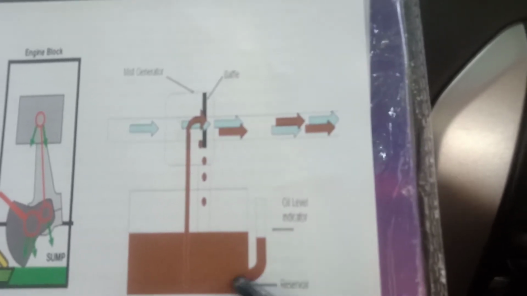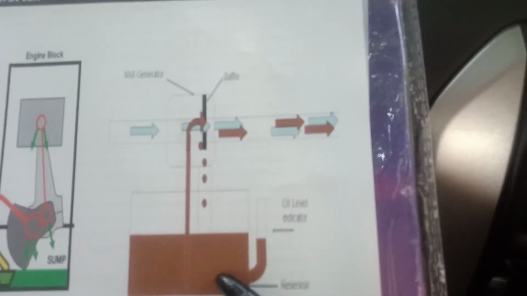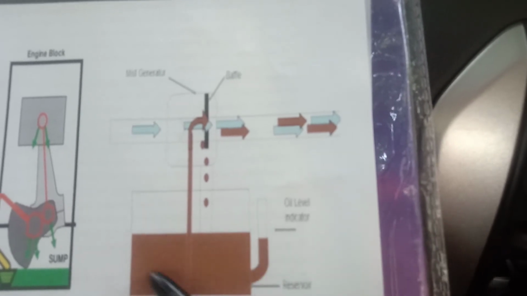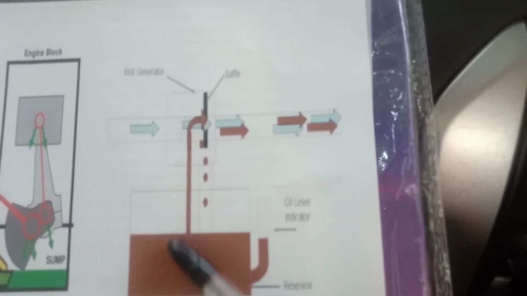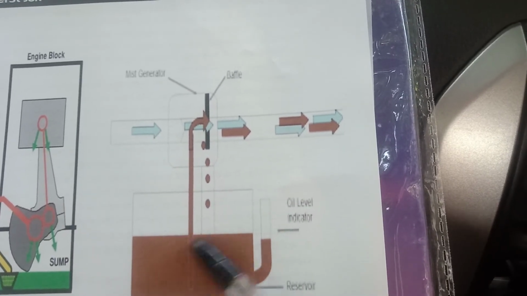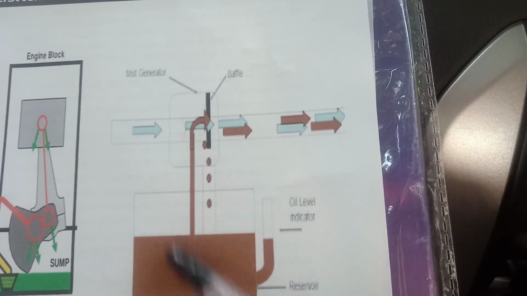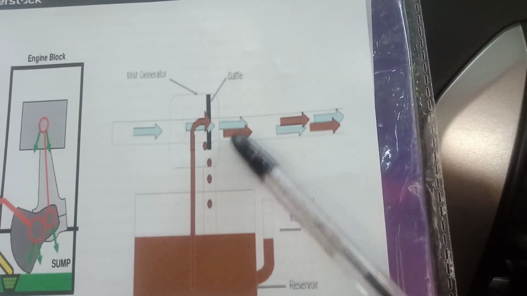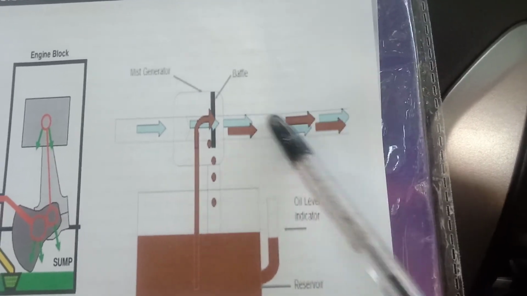In this system the oil is stored in a separate tank, or in some cases the oil is also mixed with the petrol. Here there is a separate tank, and the oil is mixed with the petrol in the carburetor, and this mixture is fed to the engine.